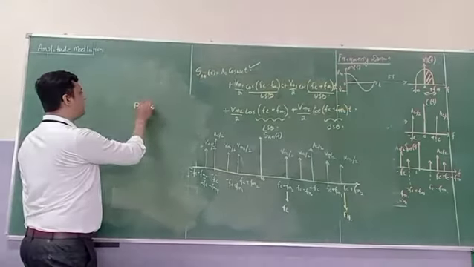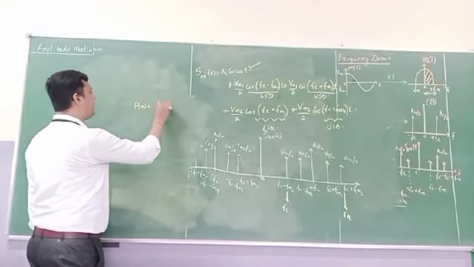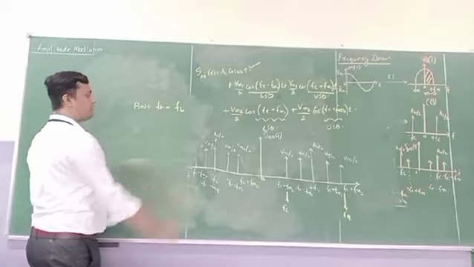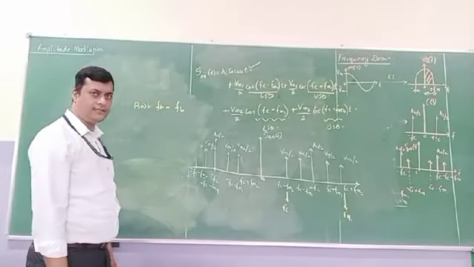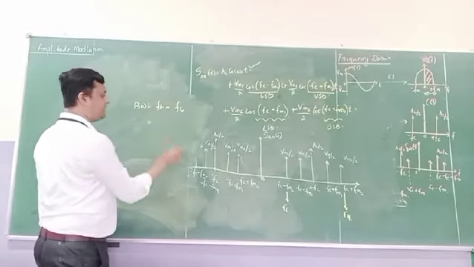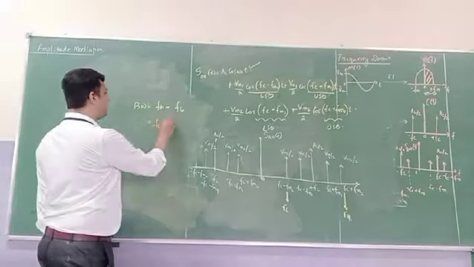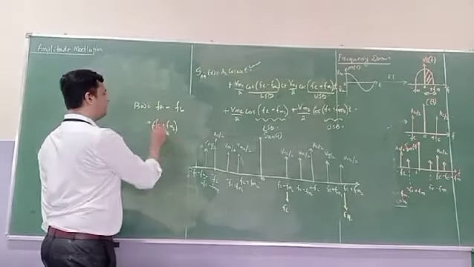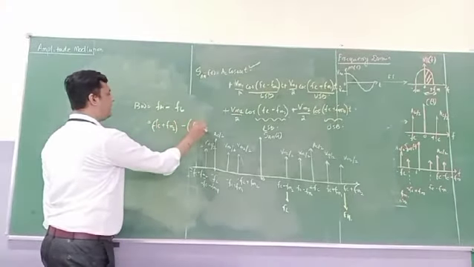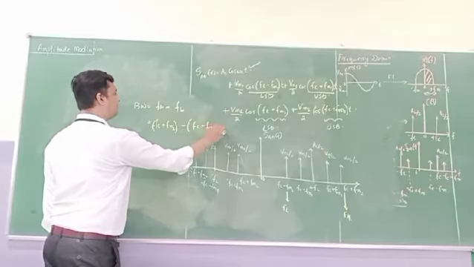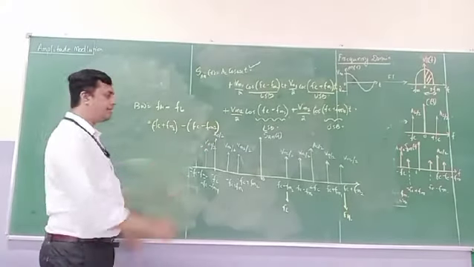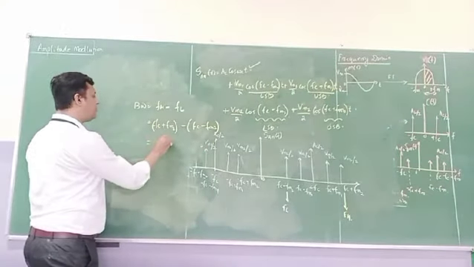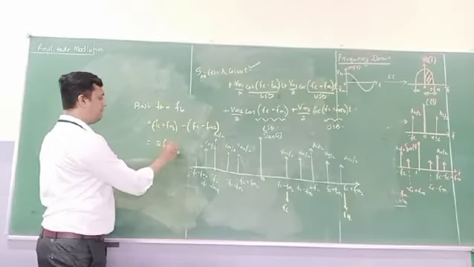So bandwidth is equal to higher frequency minus lower frequency of a multi-tone signal. So the lower frequency is which one? Fc minus FM2. Fc plus FM2 minus (Fc minus FM2). If I solve this, I will get twice FM2.